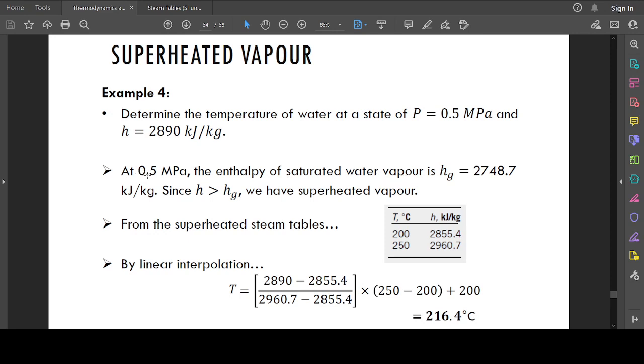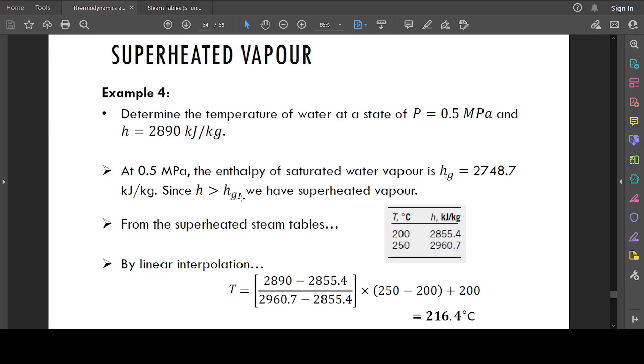Now, you go to the steam table, make sure you convert these megapascals to bar, then you look for the corresponding enthalpy for water vapor in this case, which is Hg, and that gives us this. So the saturated vapor enthalpy is less than the enthalpy quoted for the pressure here. Because this enthalpy is greater than the saturation enthalpy of the vapor at 0.5 megapascals, this tells us that this is a superheated steam, okay?